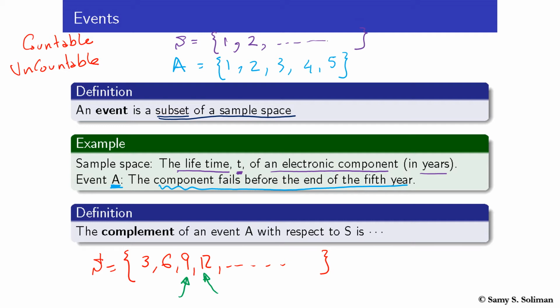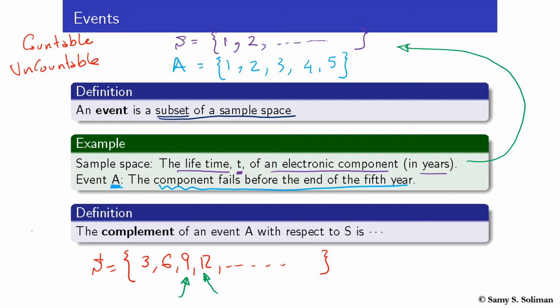So for this example, the lifetime of an electronic component in years, which is the set of counting numbers or natural numbers 1, 2, 3 up to infinity, is a countable set. This notion will be useful when we come later on to defining what are called discrete random variables and continuous random variables.